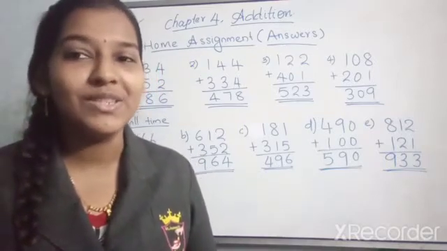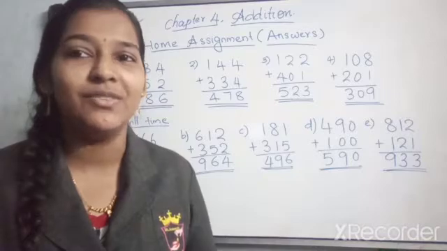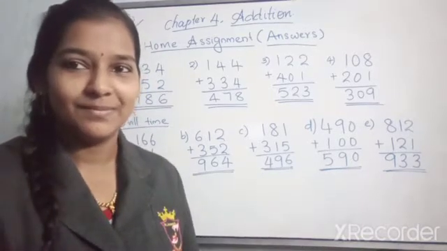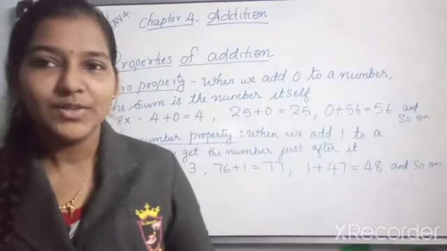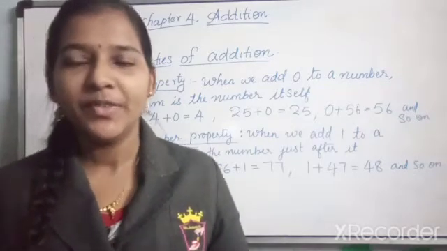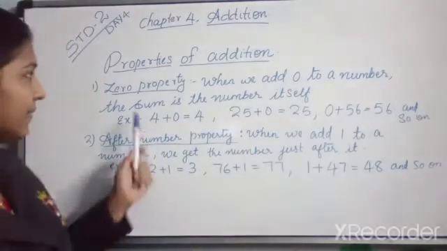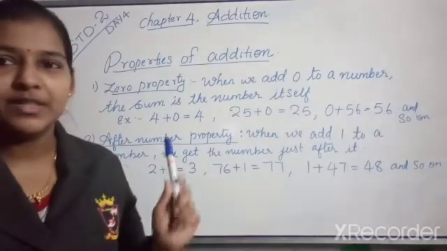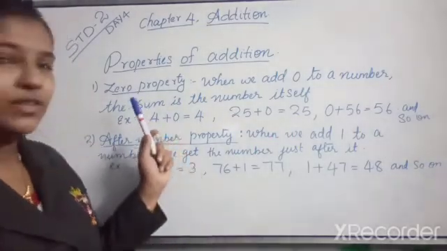Today we are going to study about properties of addition. Children, here we are going to discuss the properties of addition. So the first property is zero property. Let's check what it is.